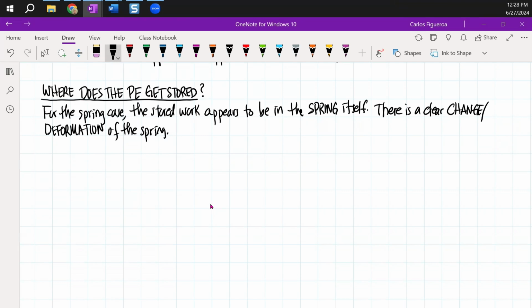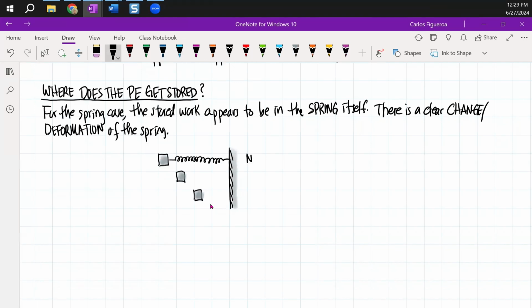So if I have a block right here, and now I'm going to start pushing this. And if I continue to push this block, maybe I do this different distances here, and let's say that this right here is where the spring is attached. So now if I start pushing on the spring, right here I have a relaxed spring.